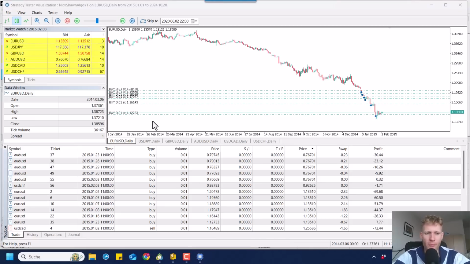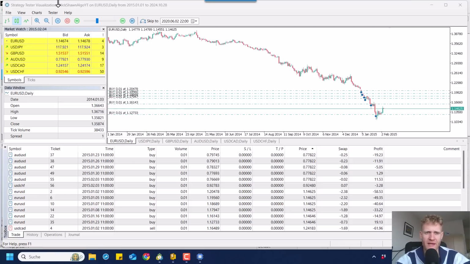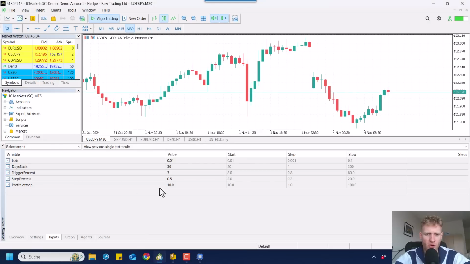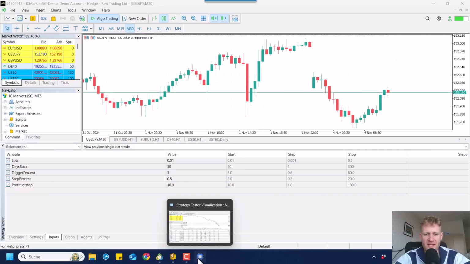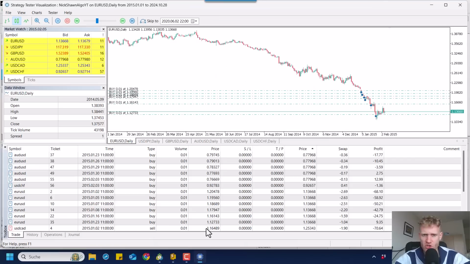If we have more positions, like here for example, we have a total of 6 positions, then our target would not be 10 euro, but instead 60 euro, because we want to make 10 for every 0.01 lot that we trade here. So this is the strategy.